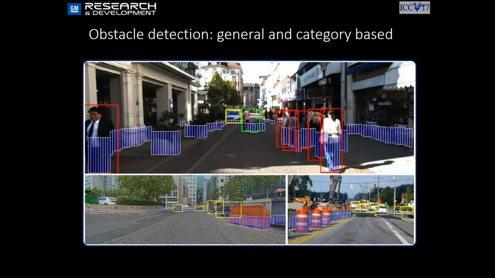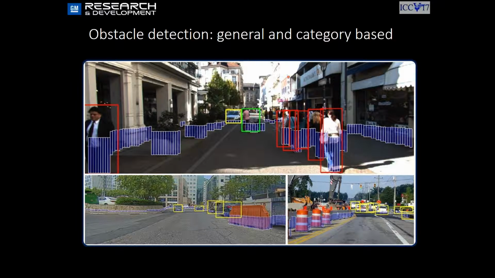One is the standard object detection, which is symbolized here by the bounding boxes, with the color being the class of the object. And the other is a general obstacle detection marked by the blue rectangles, the filled ones, which is supposed to detect any type of obstacle.